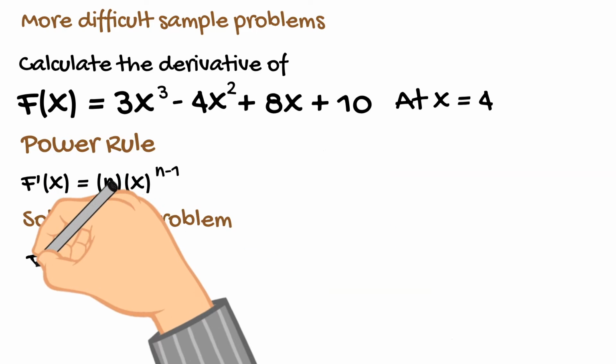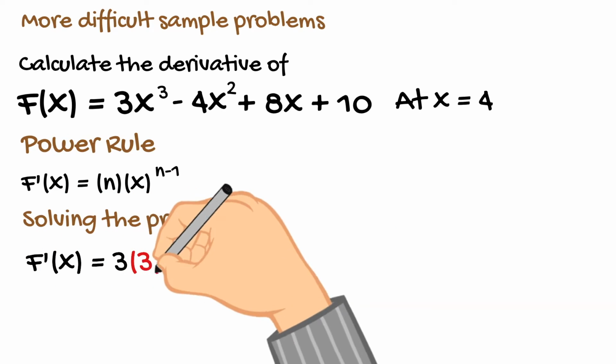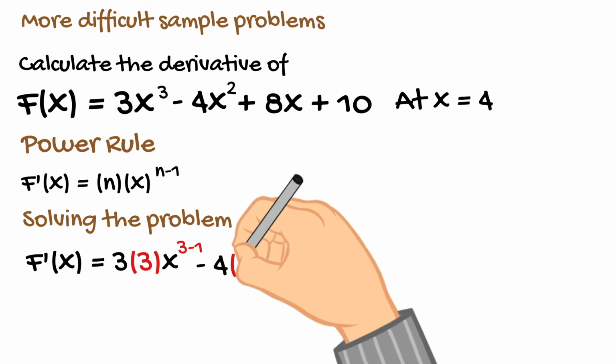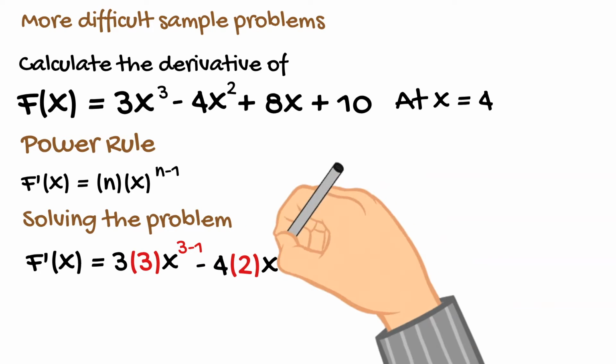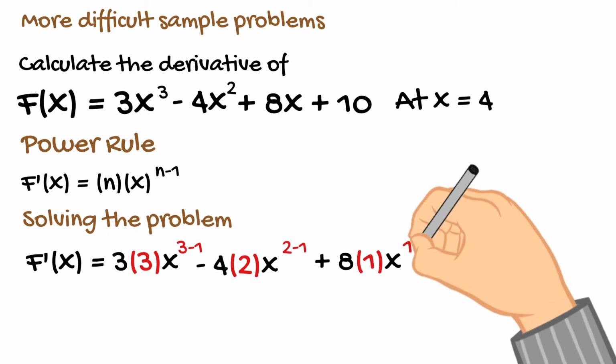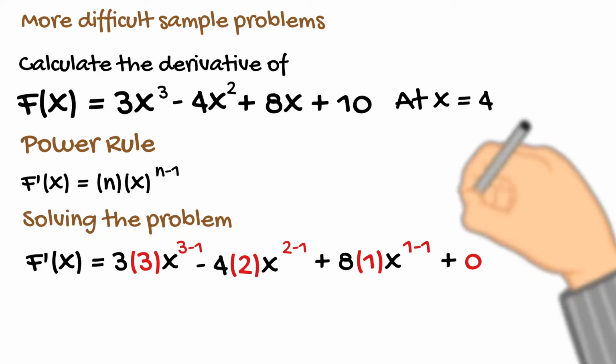As such, the derivative of our function is 3 times x to the power of 3 minus 1, minus 4 times 2 times x to the power of 2 minus 1, plus 8 times 1 times x to the power of 1 minus 1, plus 0.